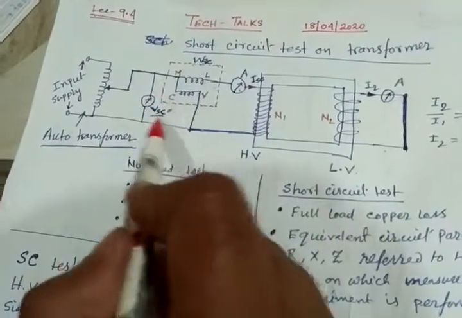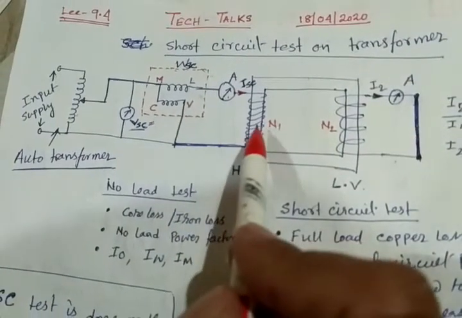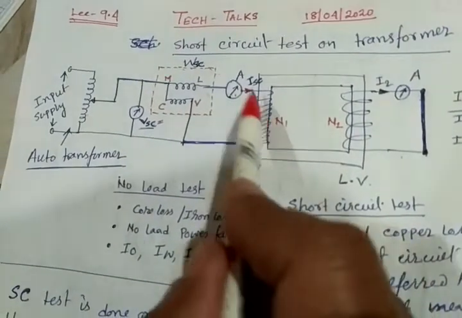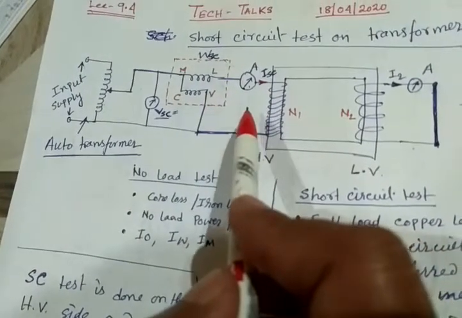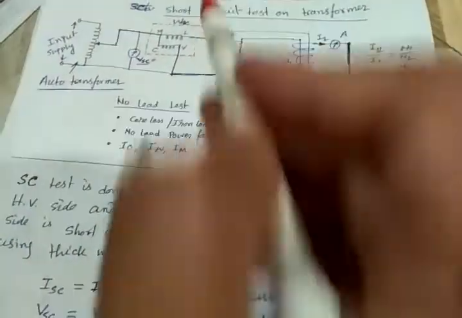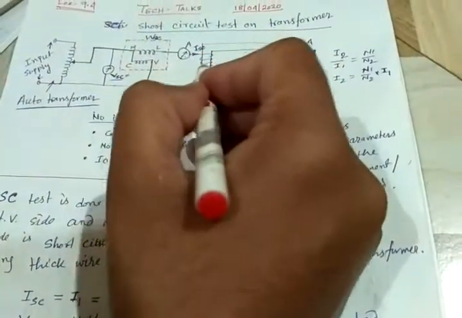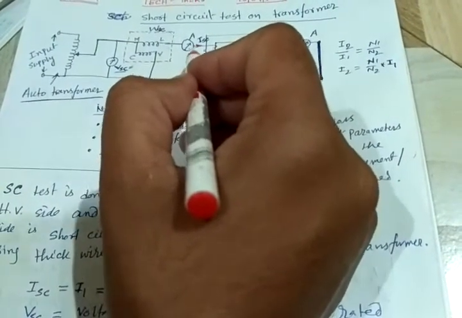In this case the voltage is very small, so this loss will be very small compared to the rated copper loss, because rated current is flowing, so copper loss will be much greater than the iron loss. So for this purpose we ignore the core loss, the eddy current and hysteresis loss, as that will be very small.